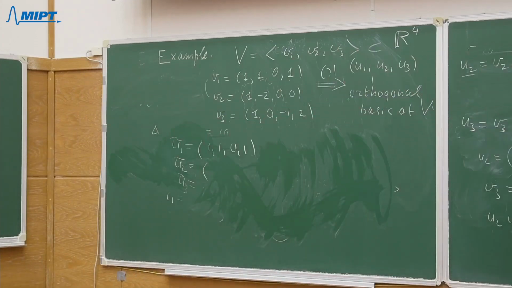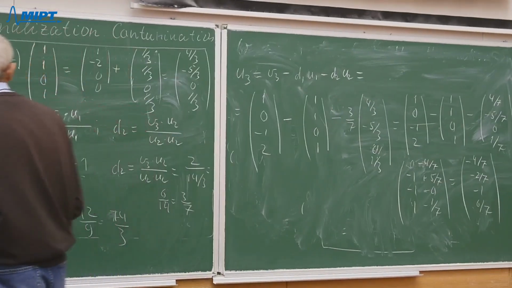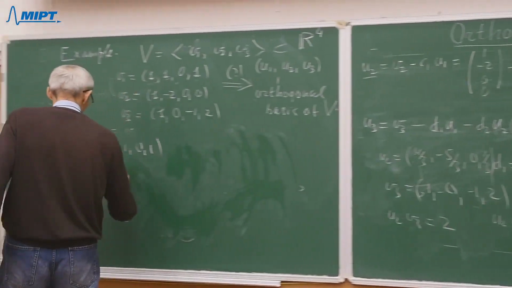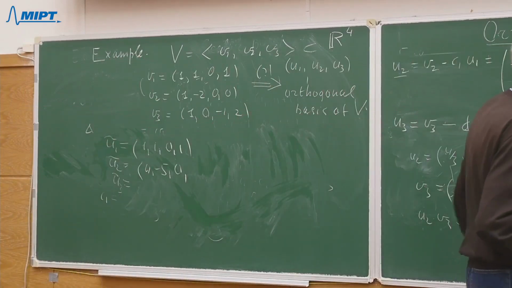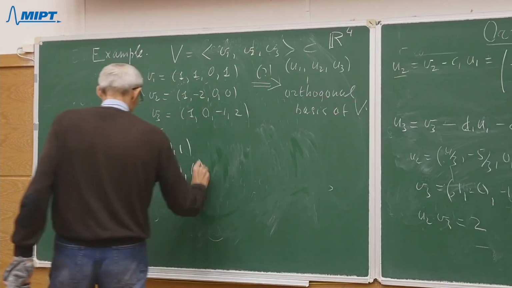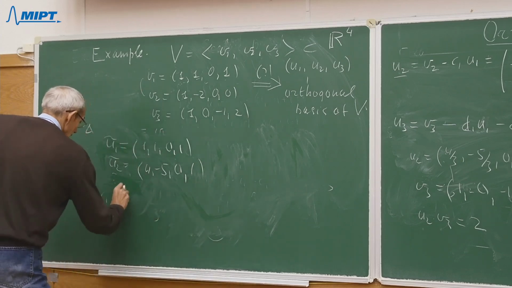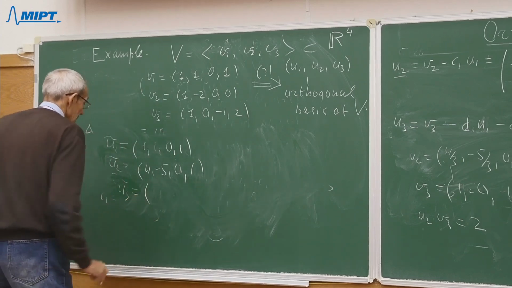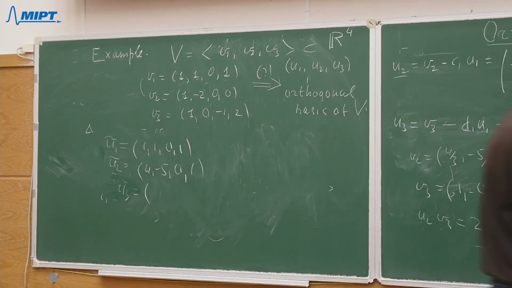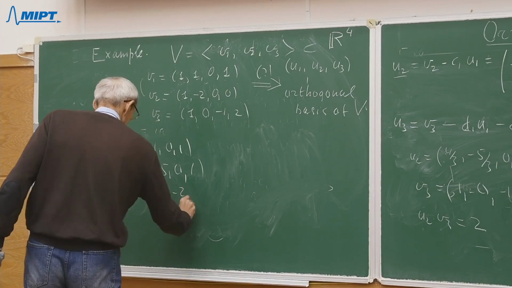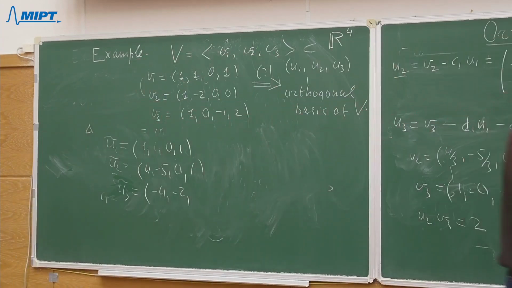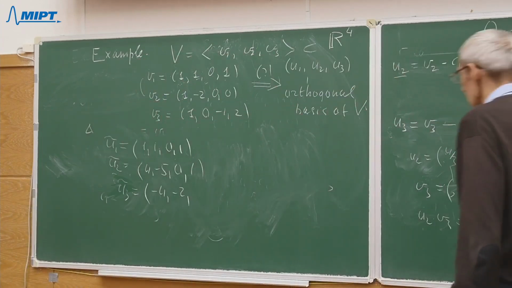U2 tilde has the coordinates 4, -5, 0, 1. And U3 tilde has the coordinates -4, -2, -7, 6.